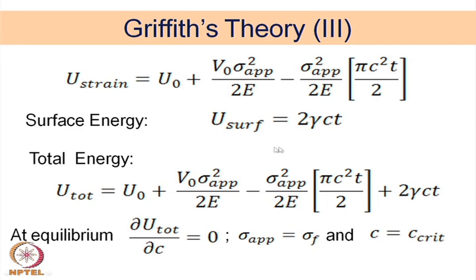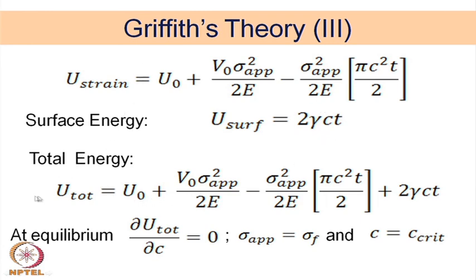At the same time, you have created an additional surface that we have already considered, where the surface energy is 2 gamma C T. C is the length and T is the thickness. So, that is the surface energy term.